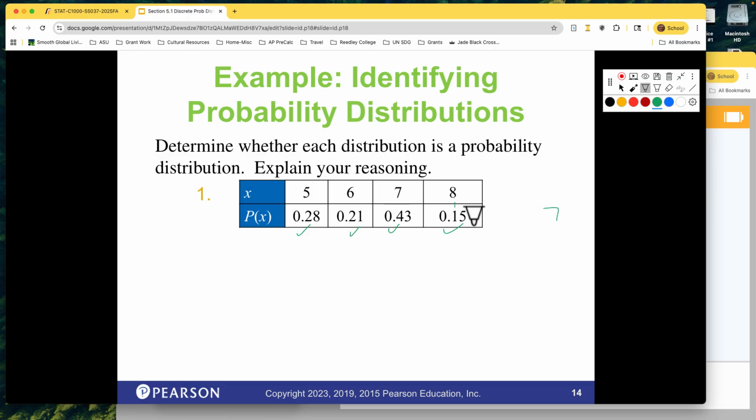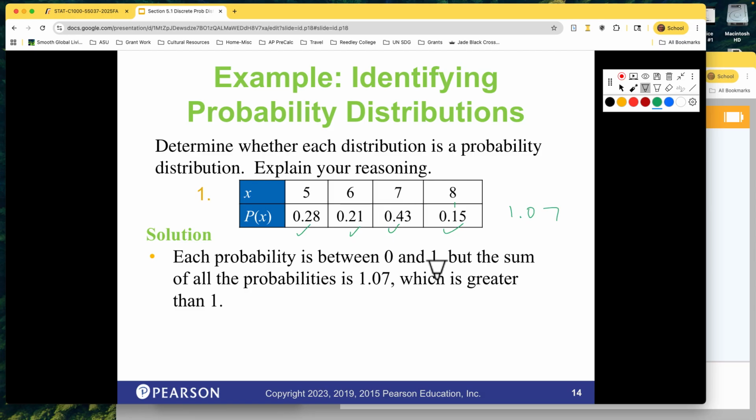Carry the 1. That's 2, 6, 8, 10. So we get 1.07 if you add them all together. Is that a probability distribution? No. Even with rounding errors, that's way too off. Now, maybe 1.01, I might say, okay, maybe there was rounding, but no.